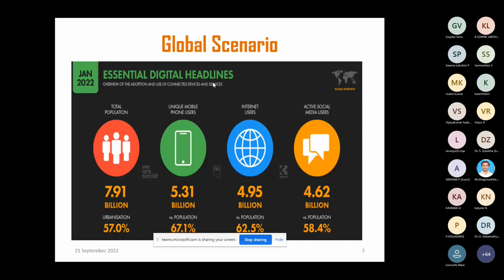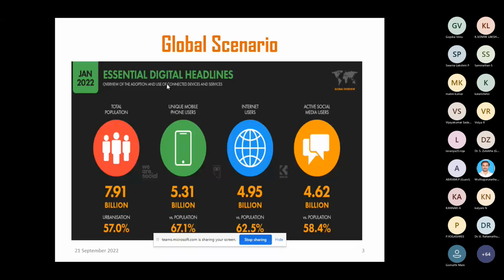This provides an insight that a huge amount of data is being generated, and the growth of data is exponentially increasing day by day, doubling within a span of 18 months.